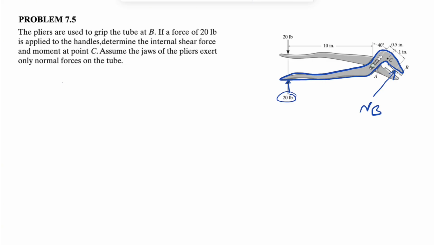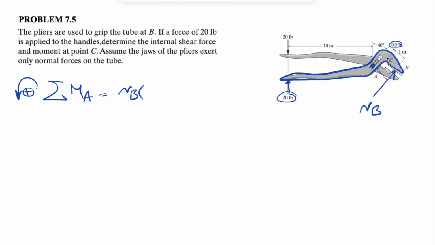So we are in equilibrium. We have sum of all forces equals 0. And if we go with our moment equation about point A, counterclockwise positive as always, we have the moment of NB, which about point A is going to be in this direction. So counterclockwise moment, NB times the vertical distance to the line of action.